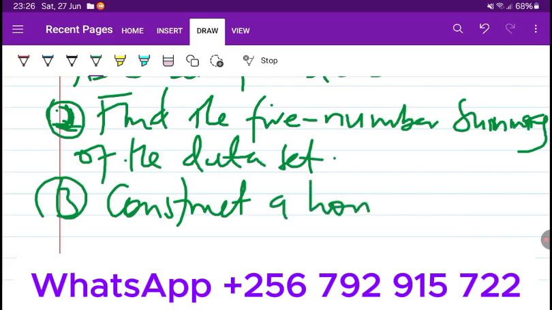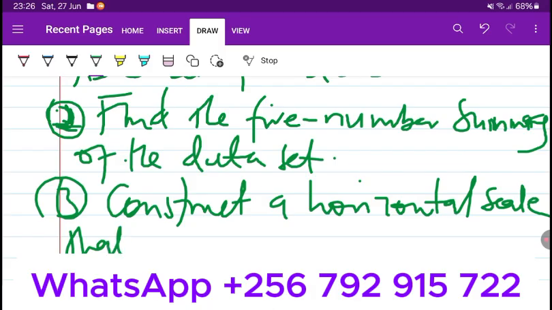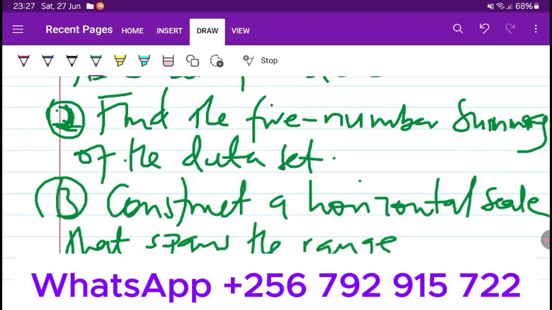Number 3 is for you to construct a horizontal scale that spans the range of the data.